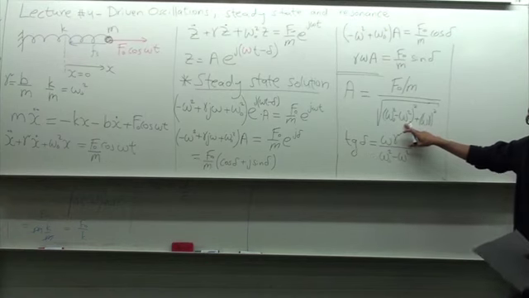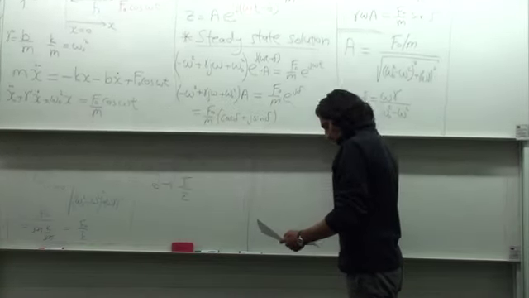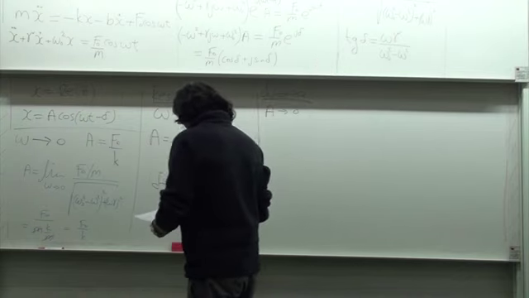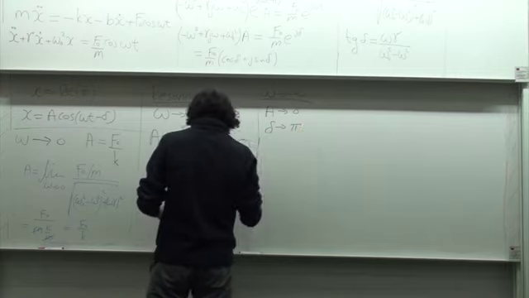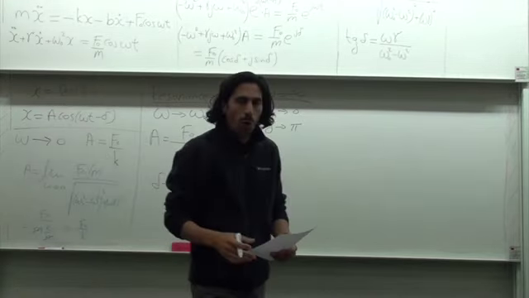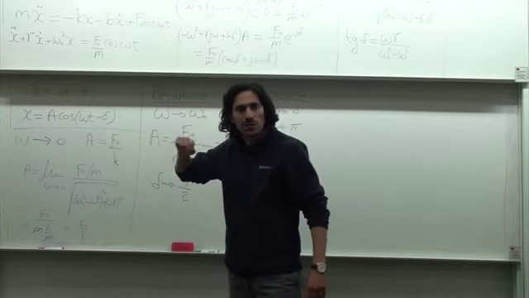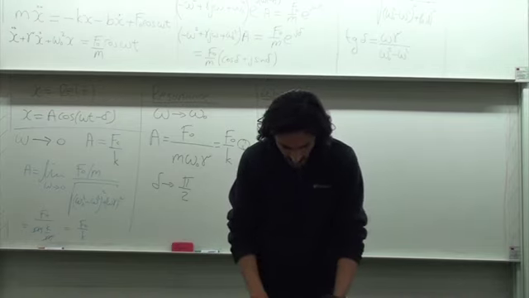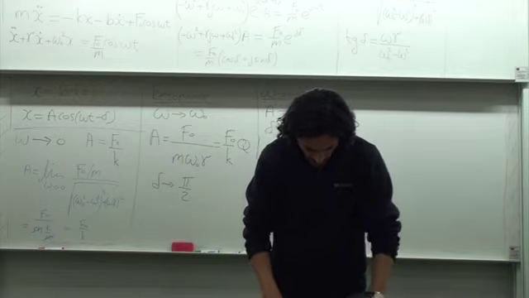If omega tends to infinity, the amplitude goes to 0, and delta would go to pi. In other words, the object is not following. The driving force is so fast that the object is not following the driving force. And the amplitude as a result is simply 0.